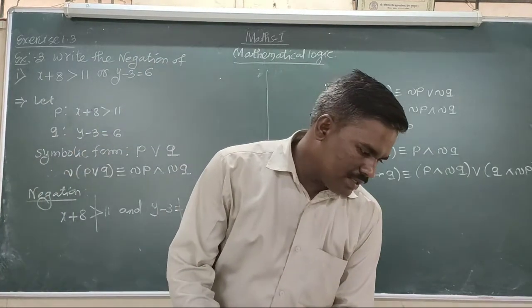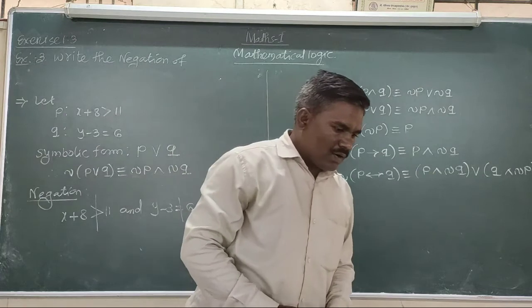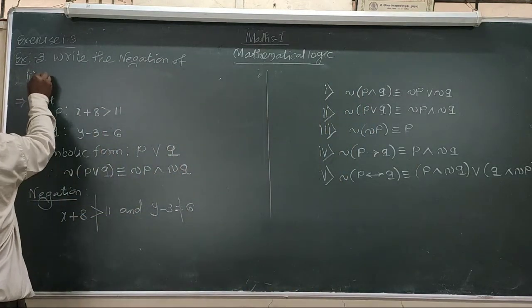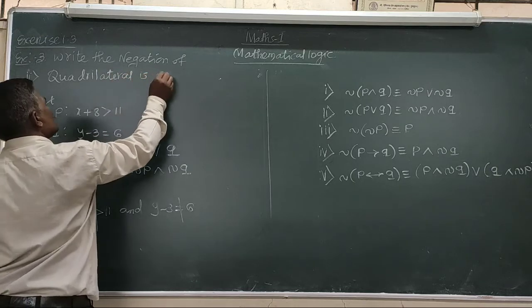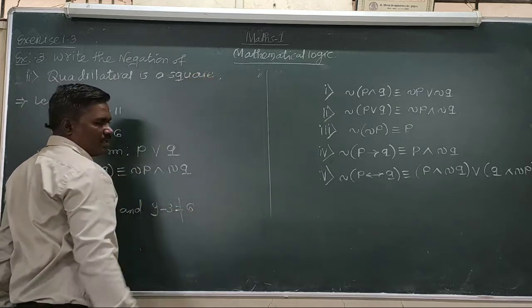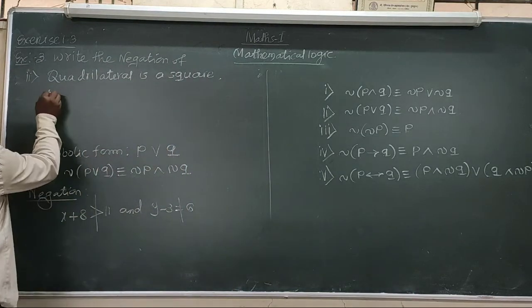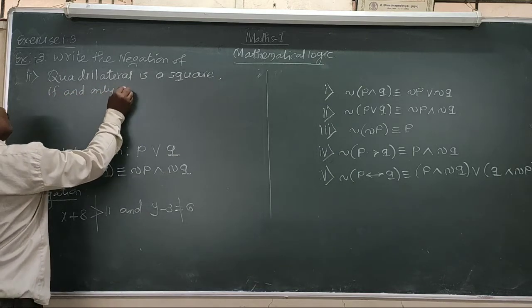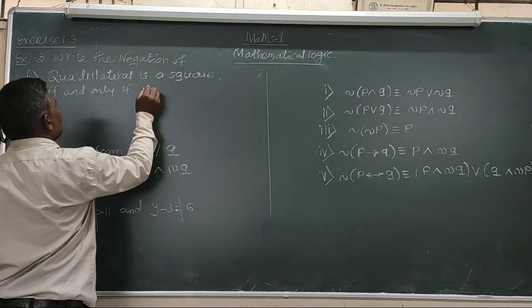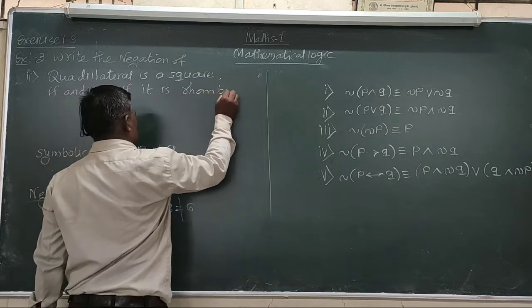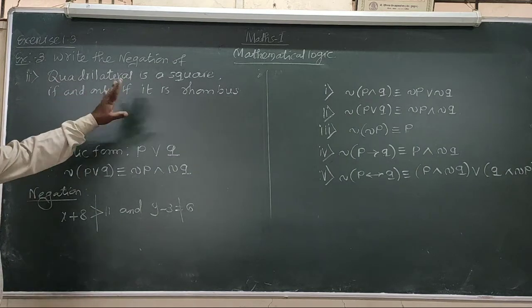Now the second example: quadrilateral is a square if and only if it is a rhombus.